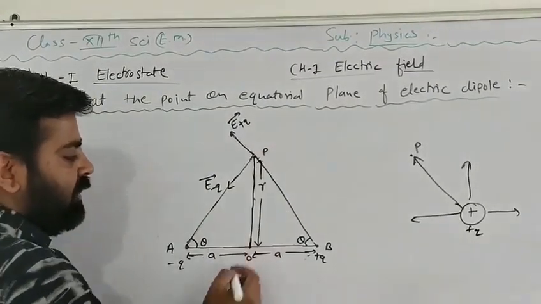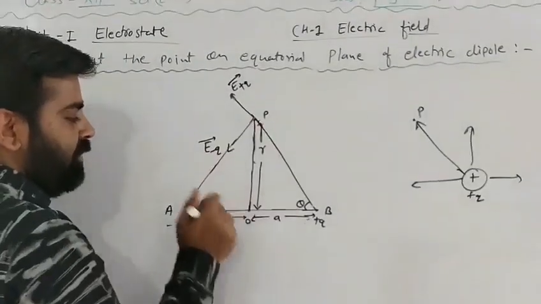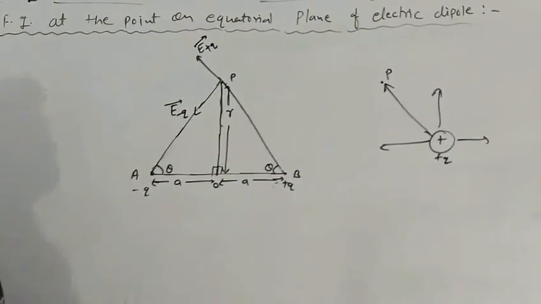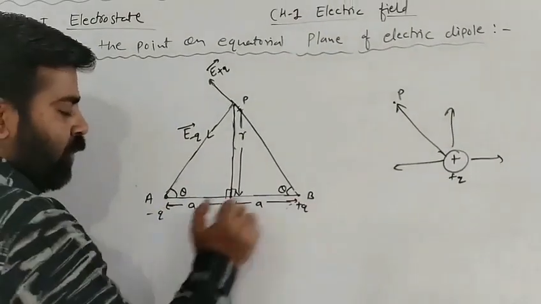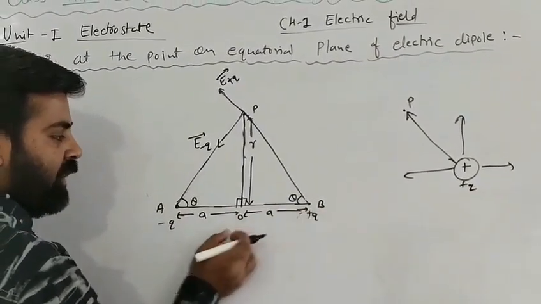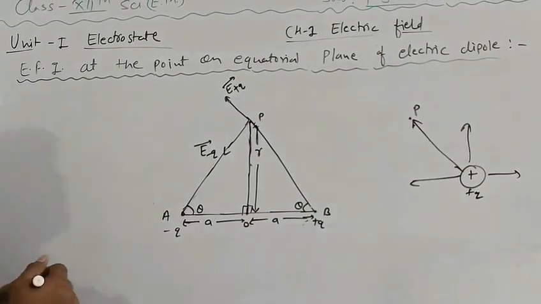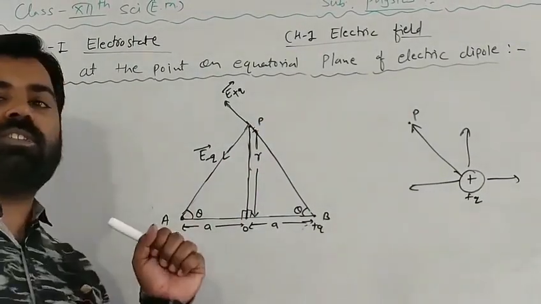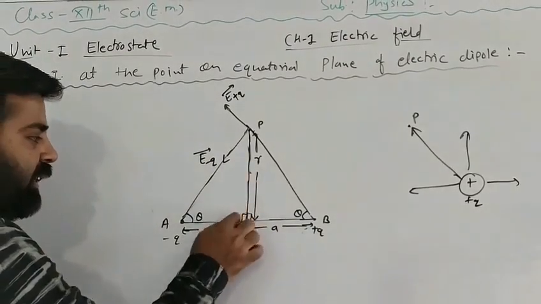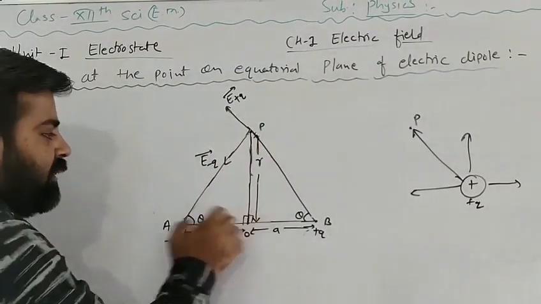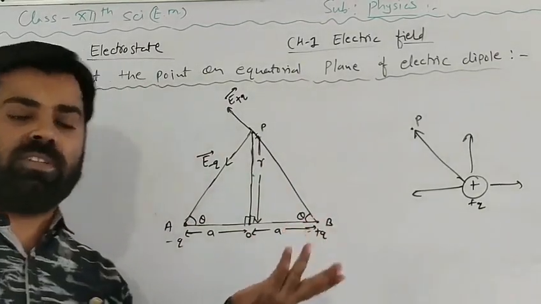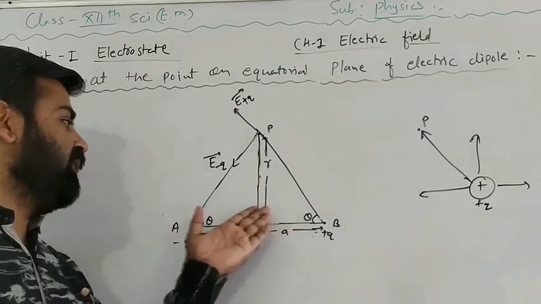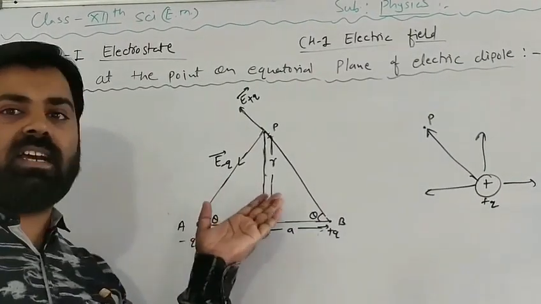In both triangles the angle AOP and angle BOP are 90 degrees, and AO is equal to OB, which is equal to a, and OP in both triangles is common. So from side angle side, both triangles are in congruence. Due to congruence, all these angles and their sides are equal.